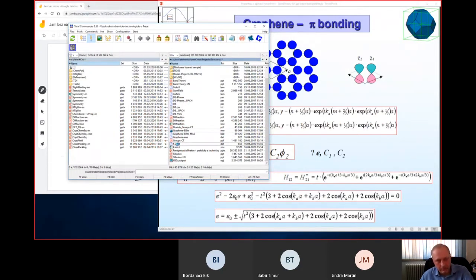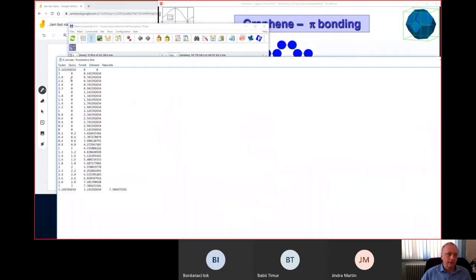In this set of values, we have pi, 0, and then we run here and here. This is the Ka, the first component of the k vector. This is the Kb, the second component, and the third column corresponds to the distance.